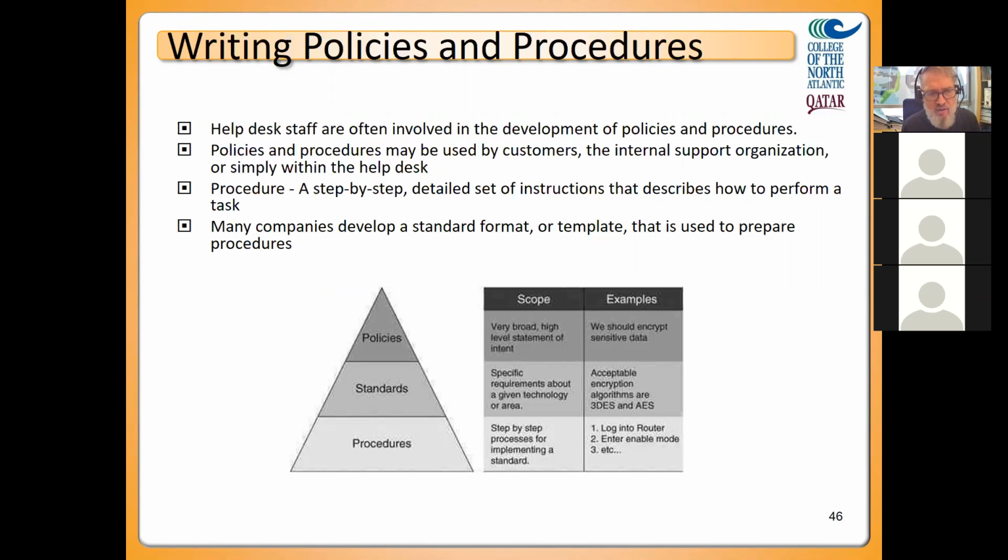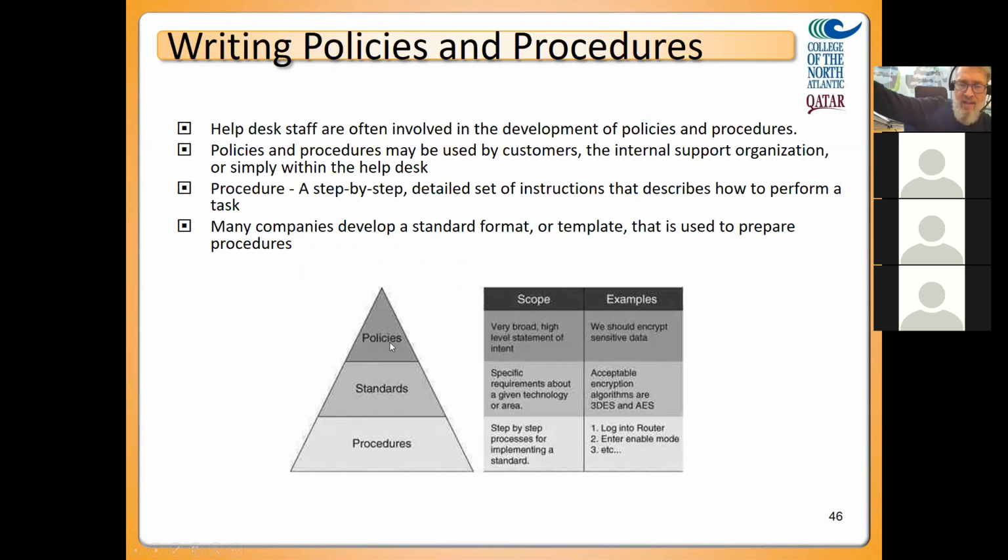The next point here, we see this diagram, which we're just going to spend a second on, with policies, standards, and procedures in a pyramid. The idea being that policies are higher level, so they could be at an organizational level. Well, actually, all of these things could be at an organizational level, but policies are above standards. Standards flow out of policies.